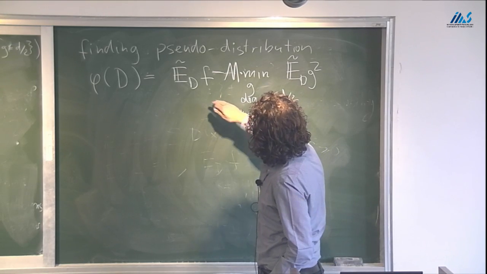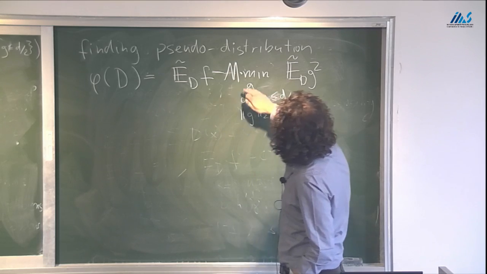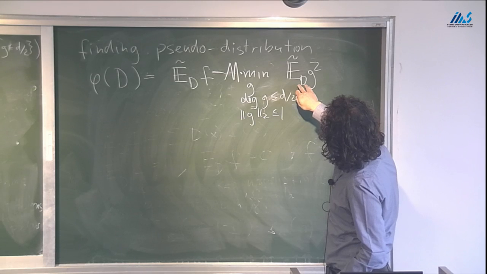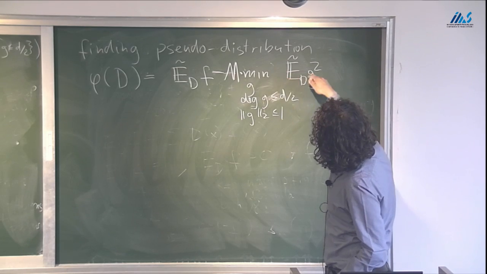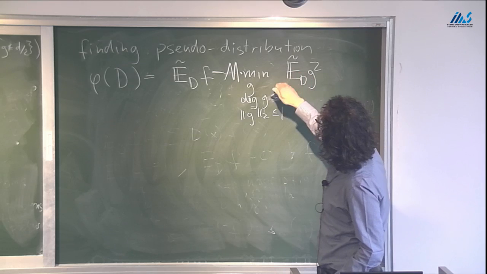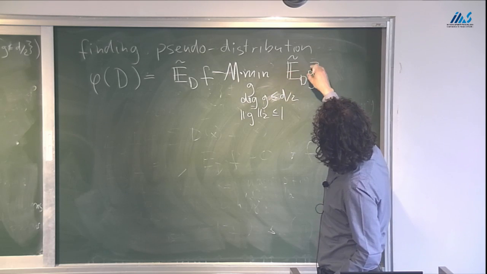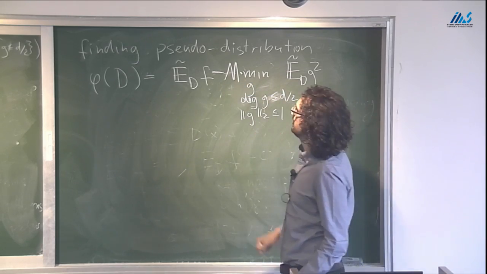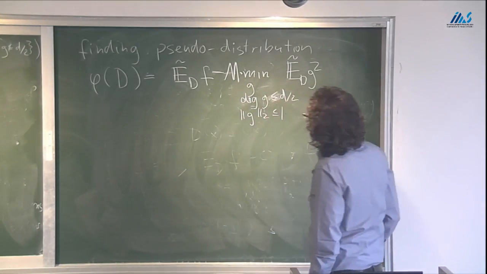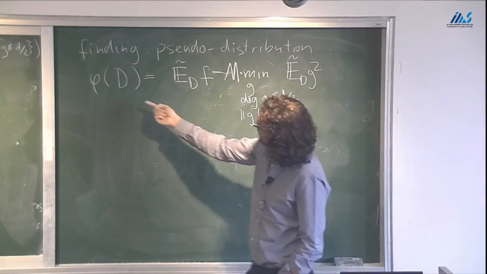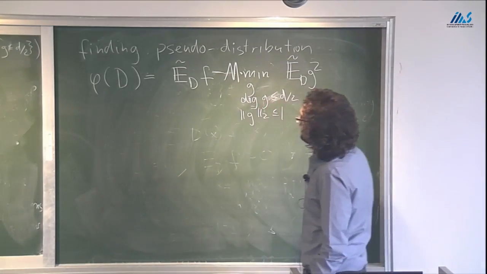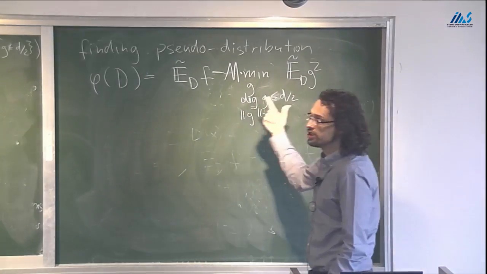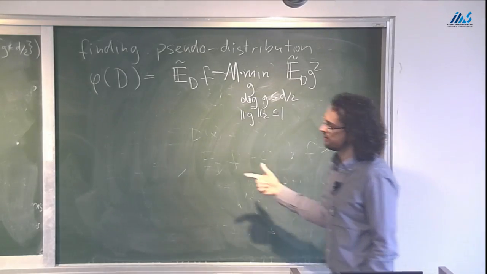Here, if d is an actual pseudo-distribution, then for every g this is positive, so if you want to minimize this, you would choose g to be 0, and then this part would be 0. On the other hand, you can also check that if this function is negative, then you're close to a pseudo-distribution that satisfies this.